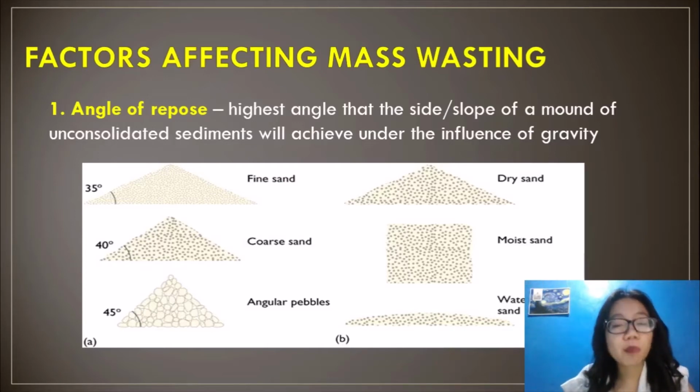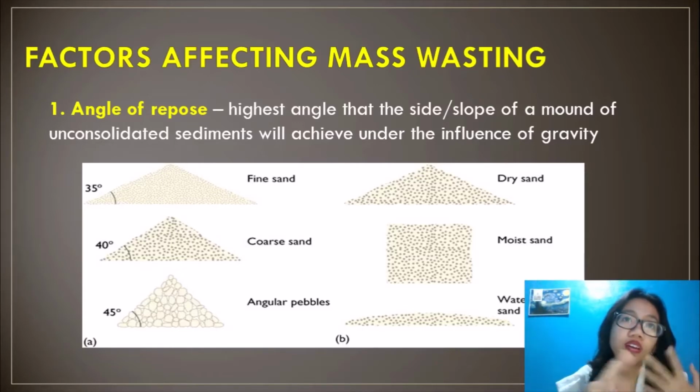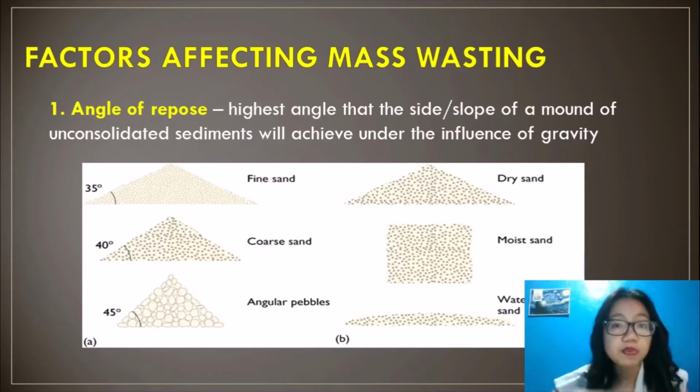First, angle of repose. Angle of repose is a technical term for the highest angle that the side slope of a mound of unconsolidated sediments will achieve under the influence of gravity. To simplify this, imagine a clump of sand. Let's make a hill of sand.